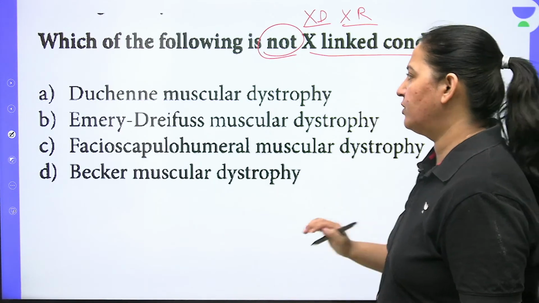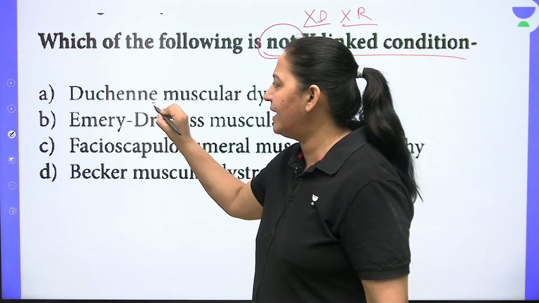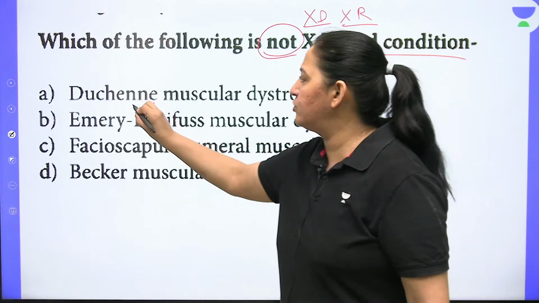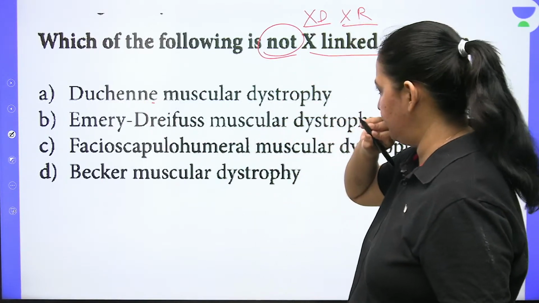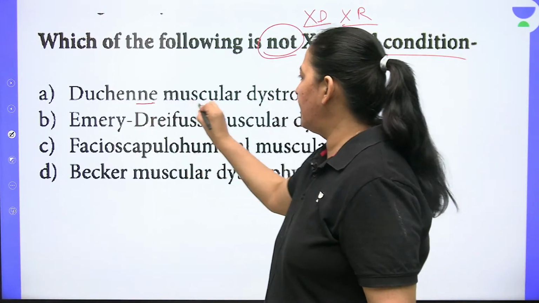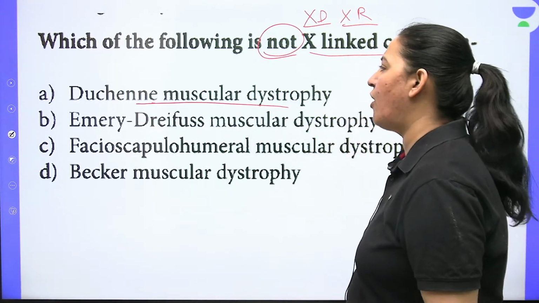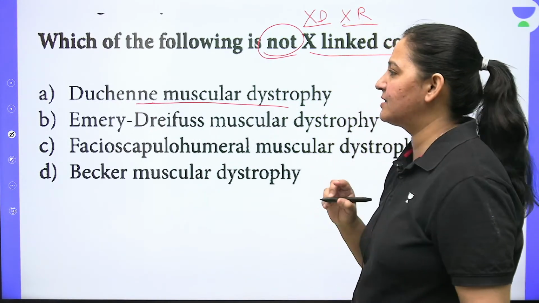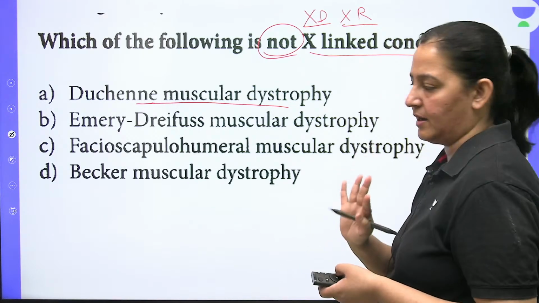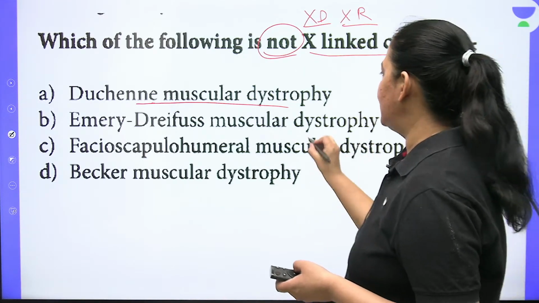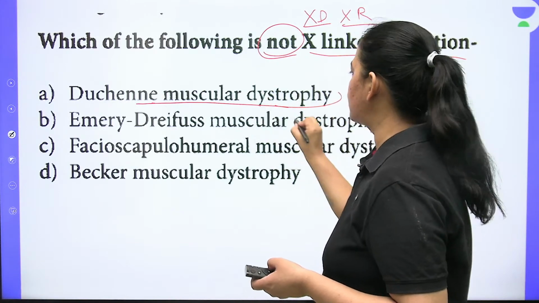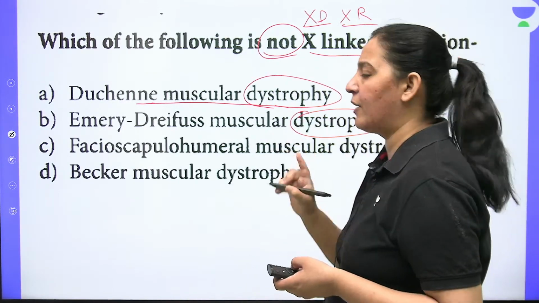Okay, let me show you the mnemonic in dominant. Duchenne muscular dystrophy. I'm sorry, the correct answer is not A. Let me apply the mnemonics. What is the mnemonic of X-linked recessive? These are the two dystrophies. None of them is myotonic dystrophy.